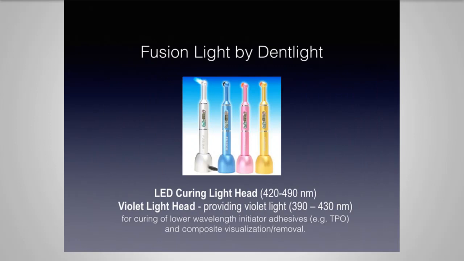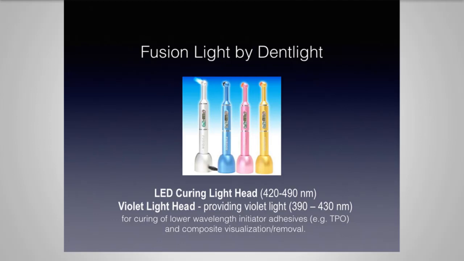What does this all basically mean? That the Fusion light by Dent Light is certainly one of the ones that I'm looking at as a workhorse in my office. And interestingly enough, it has a violet light head that you can attach onto replacing your regular curing light that will cure in the 390 to 430 range.